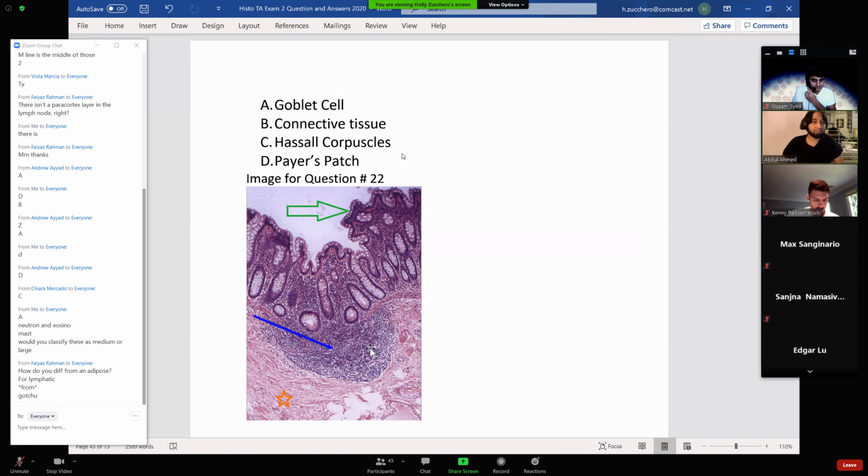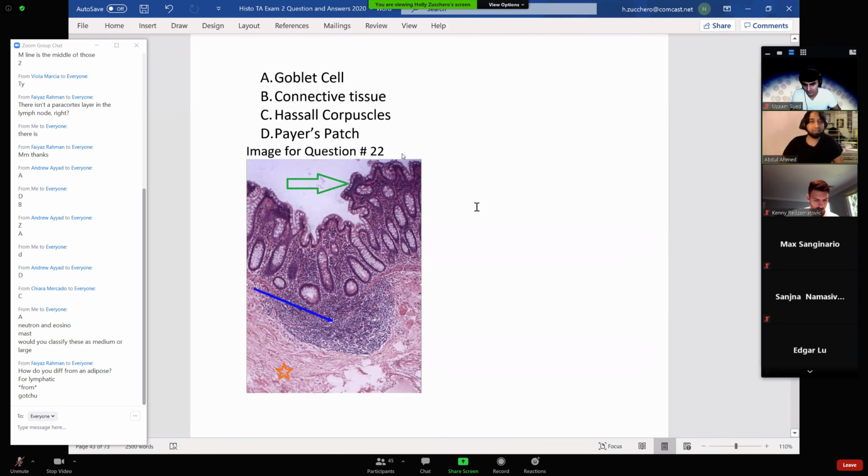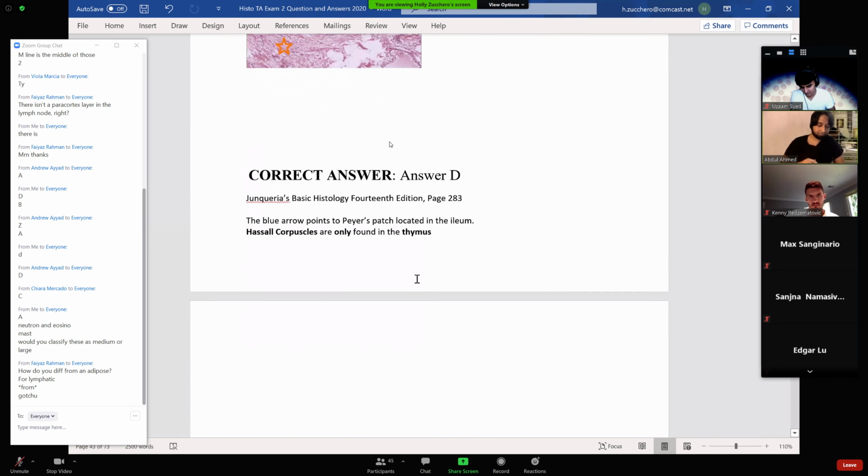Yes, the answer is D. The green one is pointing to a goblet cell, so we know it's not connective tissue. We know it's not Hassall's corpuscle. We're not in the thymus. It's definitely D, Peyer's patches. Definitely know what this looks like. And yeah, we can move on from there.